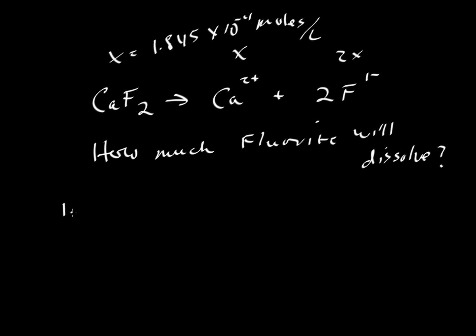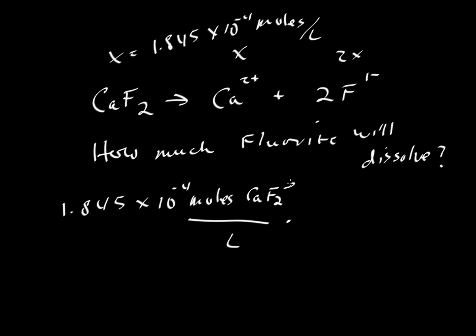So we would have 1.845 times 10 to the minus 4 moles of CaF2 per liter. And if we want to know how much will dissolve in terms of the number of grams, we can use the molecular weight of calcium fluoride, which is 78.07 grams per mole.